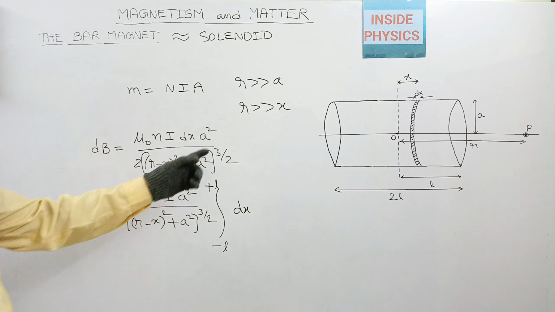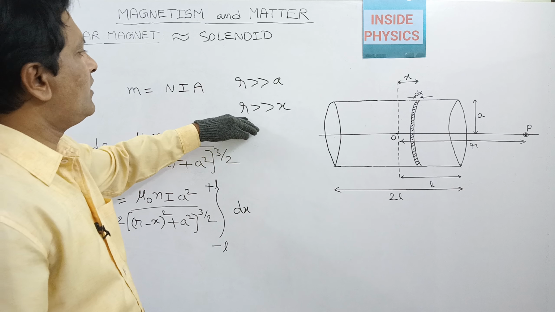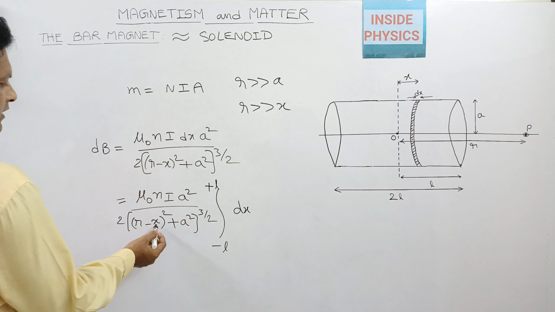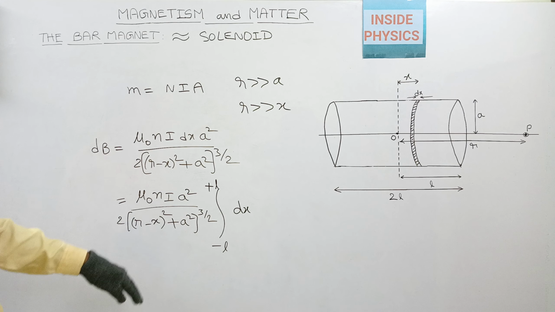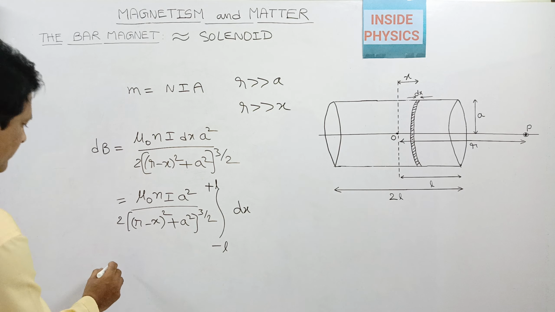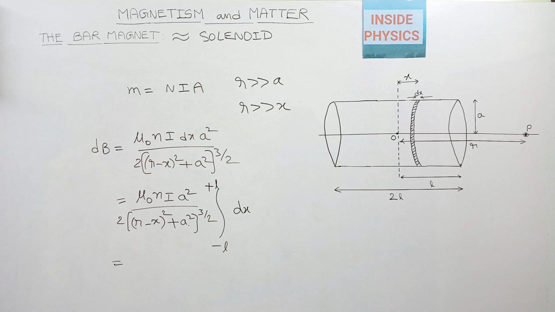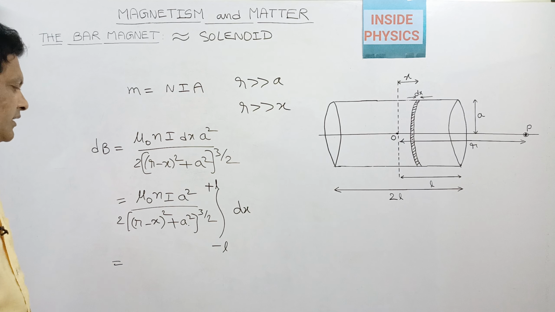So when r is far greater than a and far greater than x, we can ignore the terms x and a, and write the rest of the relation so that x and a are ignored. So this x we can put as 0, and a we can take as 0.